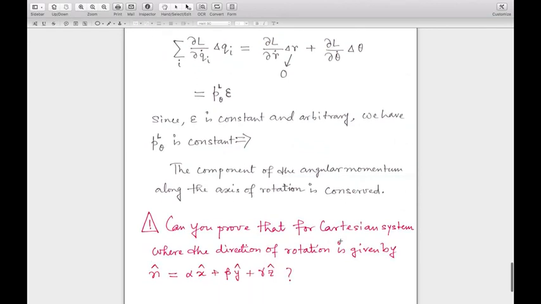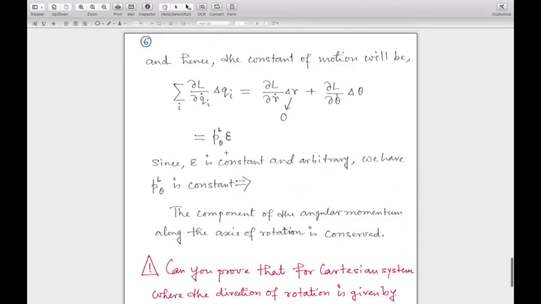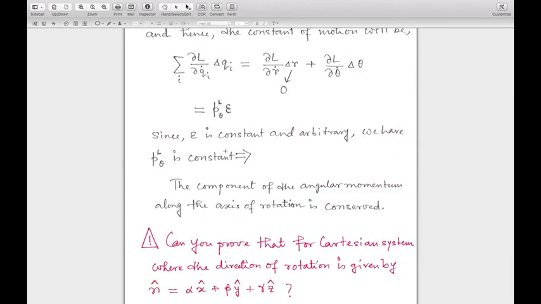Now here we can show that the magnitude is a conserved quantity, and its direction is also conserved because it is always perpendicular to the plane of motion, and the plane of motion does not change with time.